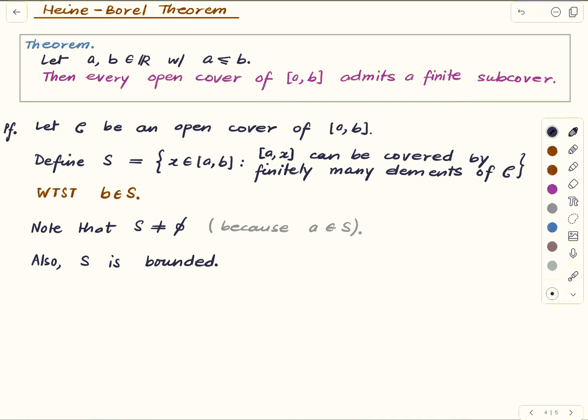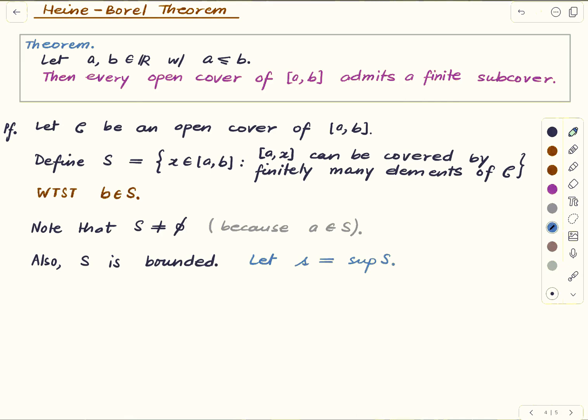So let me choose a notation before we proceed. So what is a good notation? Let's say s is the supremum of S. Yeah, an okay notation.